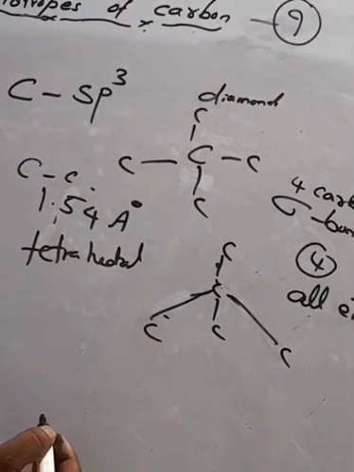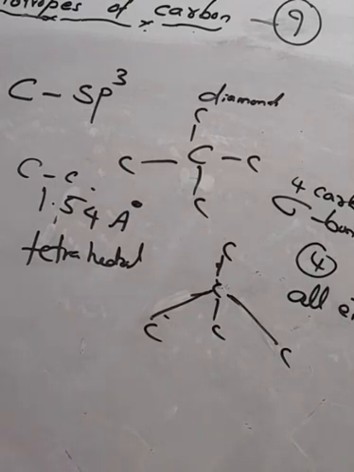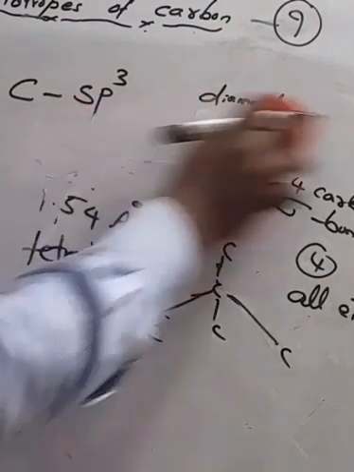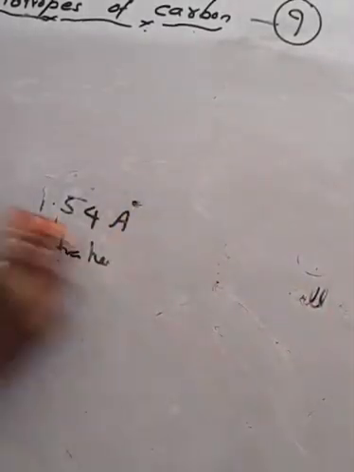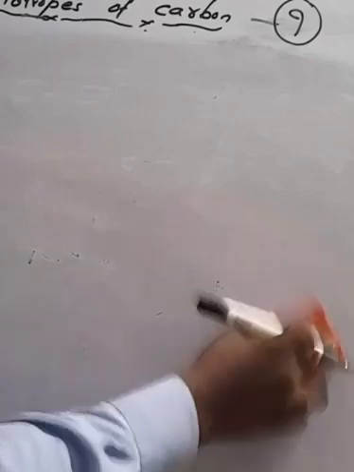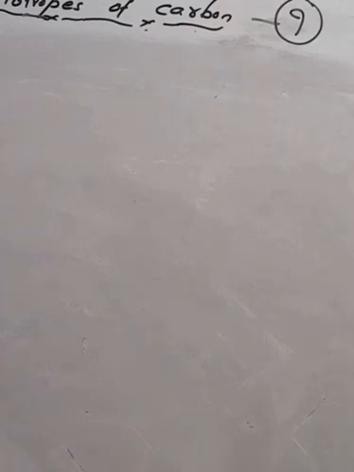There is no free electron in diamond, so diamond cannot conduct electricity. Graphite has one free electron, so it conducts electricity. But in the case of diamond, all electrons are bonding, so there is no free electron for conductivity.